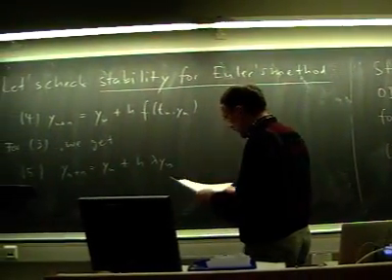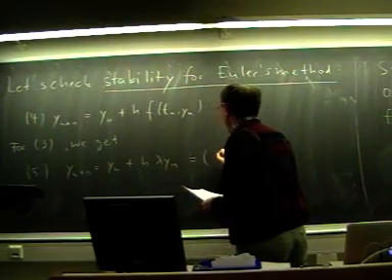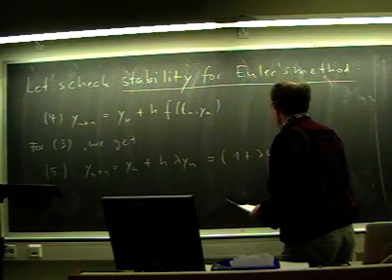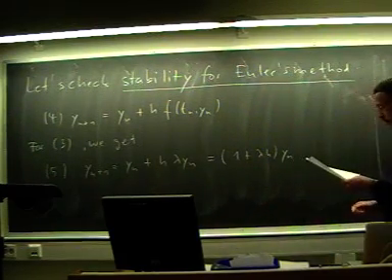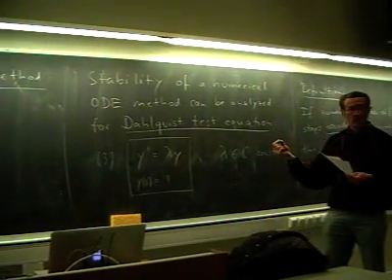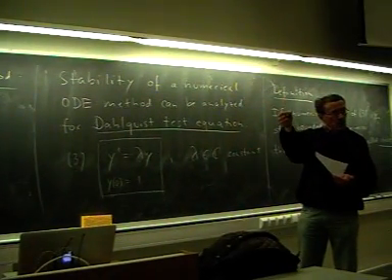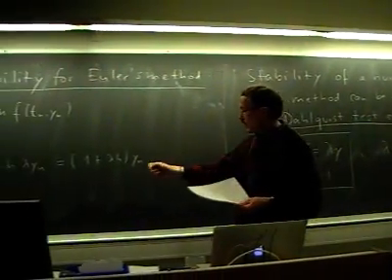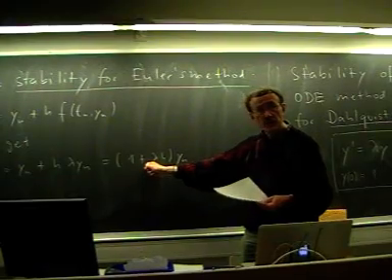So we can factorize the yn and get 1 plus lambda h, times yn. So we get this relation to get from time level n to time level n plus 1. The numerical approximation for the test equation is such that we have to multiply by this factor.